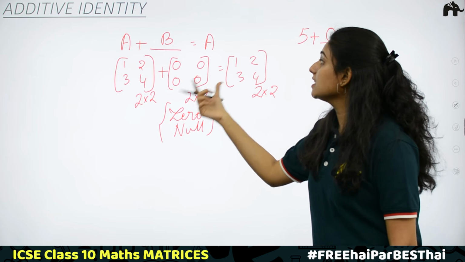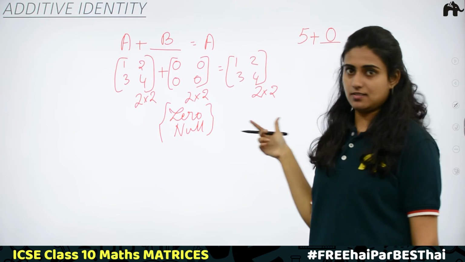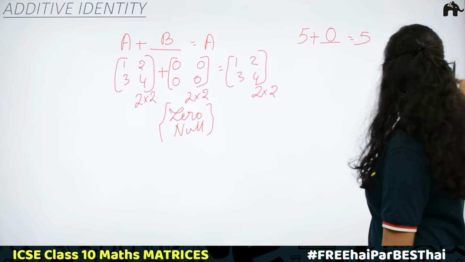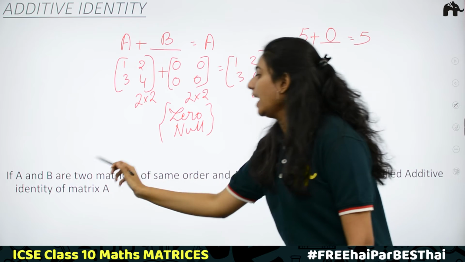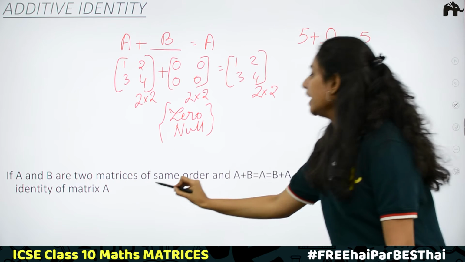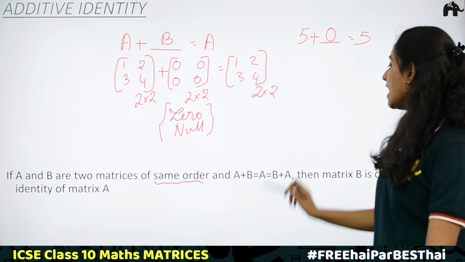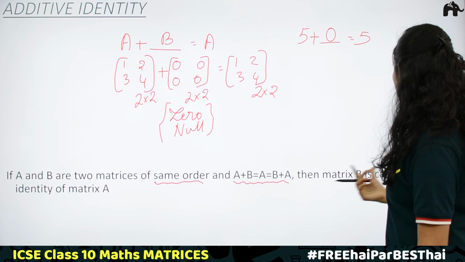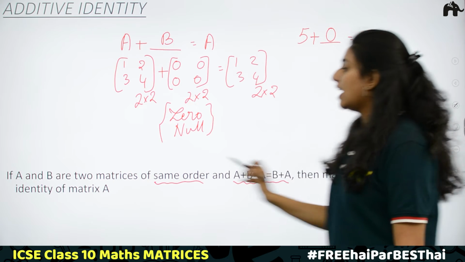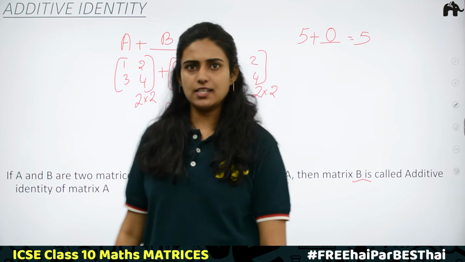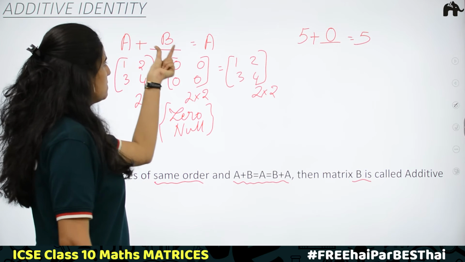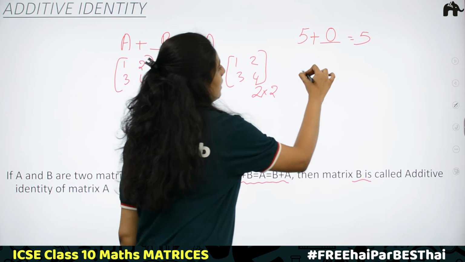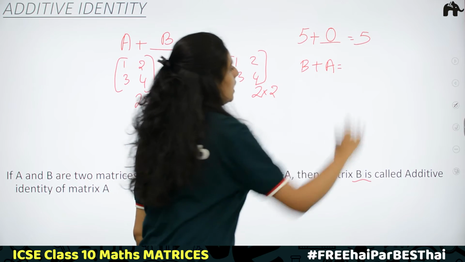So, this 0 matrix or the null matrix is called the additive identity matrix. What matrix is added to the matrix to get the same matrix? That matrix is called the additive identity. That is, if A and B are two matrices of the same order, and A + B is equal to A is equal to B + A, then matrix B is called the additive identity of matrix A. Now, when do we take B + A?